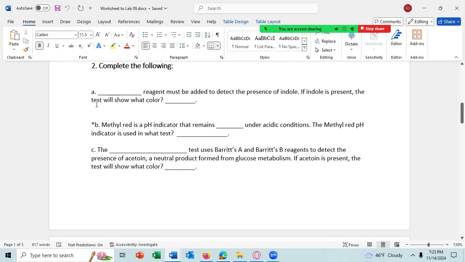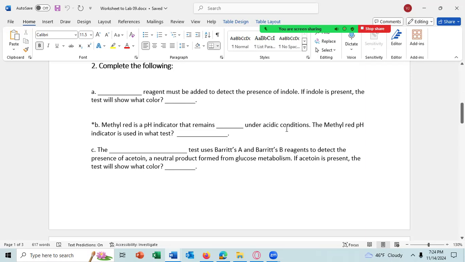2A1, what reagent must be added to detect the presence of indole? 2A2, if indole is present, what test will show what color? Going to give me the color. 2B, methyl red is the pH indicator that remains what color under acidic conditions?